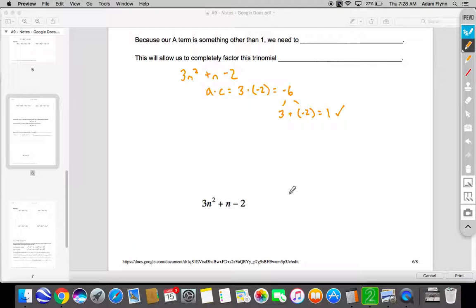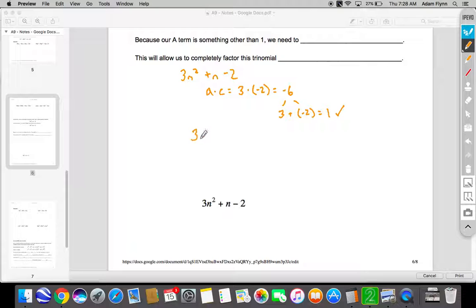So by splitting the middle term, remember, first off, when we factor by grouping, we need 4 terms. We only have 3 terms here. So when I say split the middle term, that means I'm going to take these factors that we just found and rewrite my middle term using these factors.